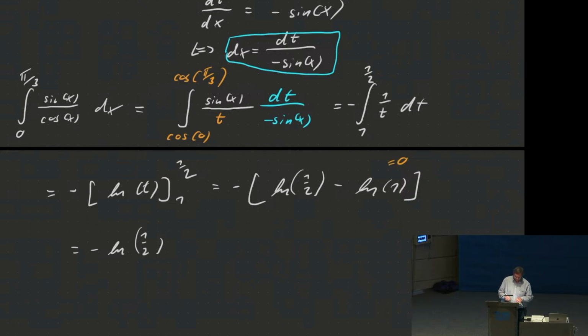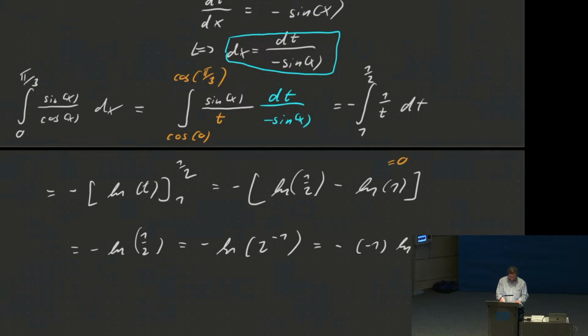I just wanted to show this reformulation in case you want to use it somewhere else. The idea is to write 1 over 2 in the form 2 to the minus 1, and then use the laws for ln calculations, where you can take out the exponent. So this is minus 1 ln 2.